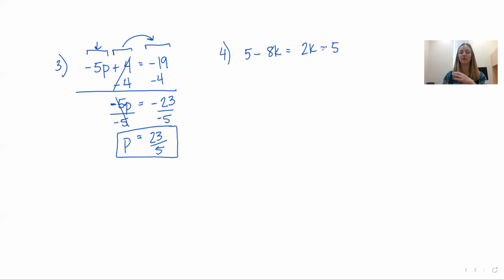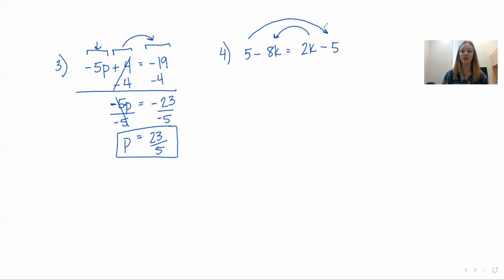If you want to keep your variables positive, cool. So you might have to move them in a different way. What I normally do is move the constants to the right and move the variables to the left. Doesn't matter what you do. There's a few different things you can do here.